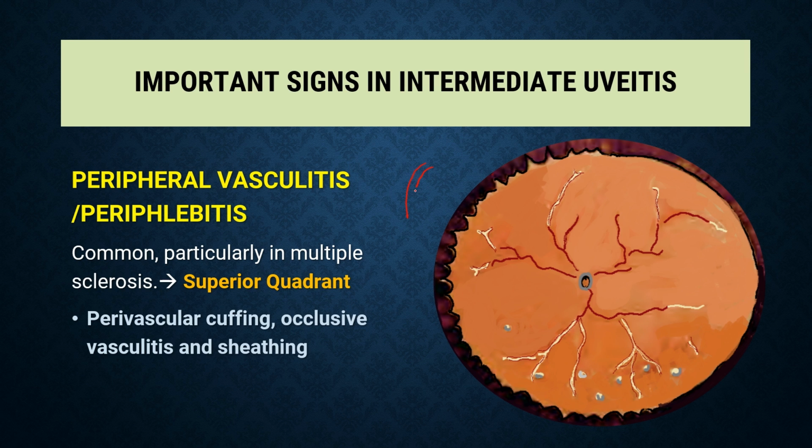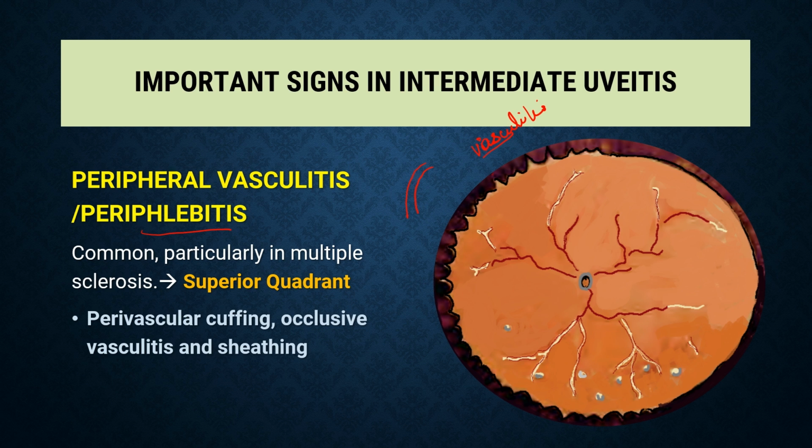And when those are involved in inflammation, it is called vasculitis. Itis means inflammation. So vasculitis is inflammation of the vessels, right? So you can have peripheral vessels getting affected by inflammation, which is called peripheral vasculitis. And because the veins are getting affected more compared to the arteries, it is called periphlebitis. Phlebitis refers to veins.